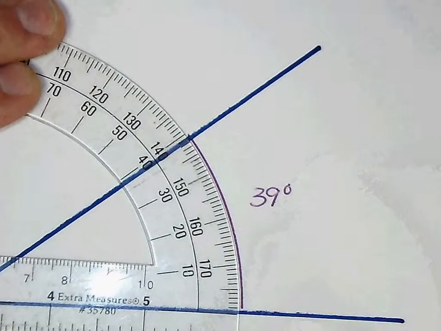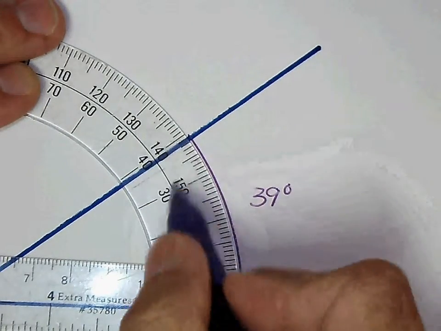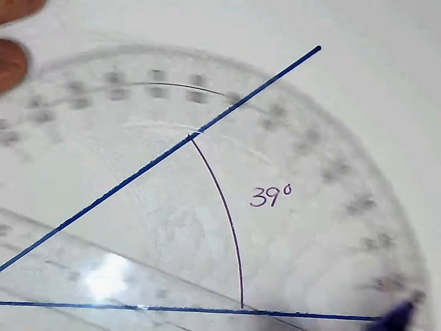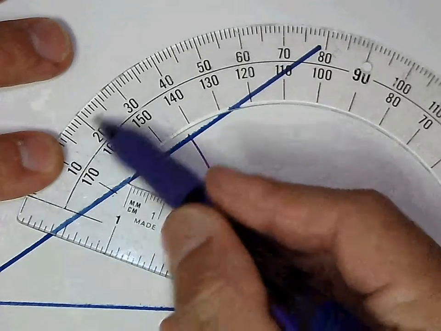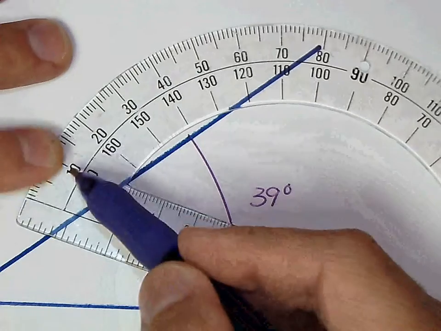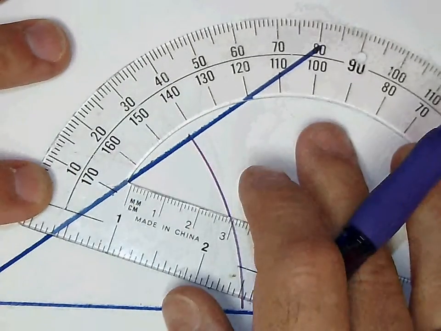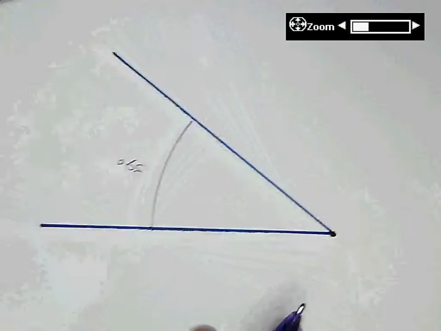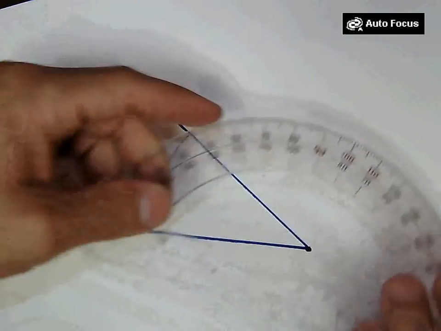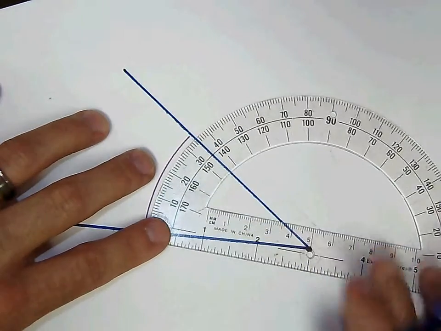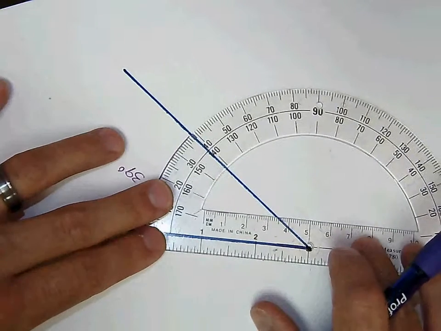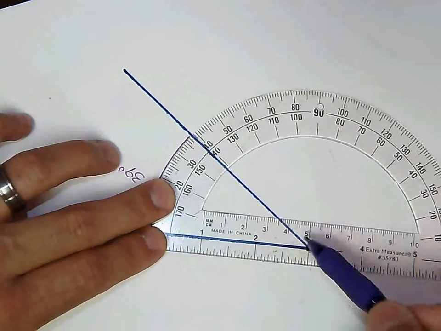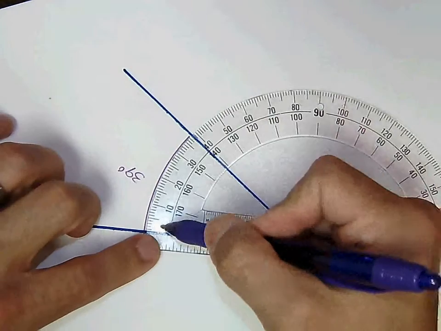Okay? The numbers on top, if you're curious, or if you're going in this direction, then you would use the numbers on top. For example, let's say you started measuring the angle and it was pointed to the left, and you put your vertex on the circle, you lined up the bottom part of your angle, and then as you're measuring, now you would use the top marker.